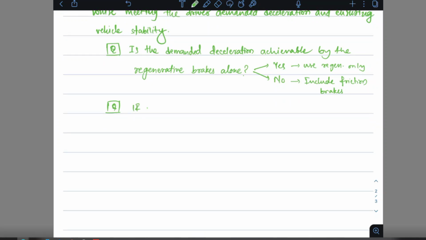If in case the friction brakes are required with regenerative braking, what can we do?